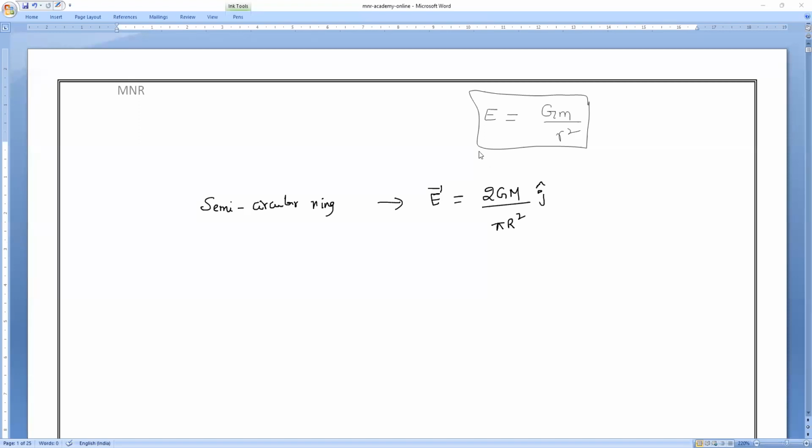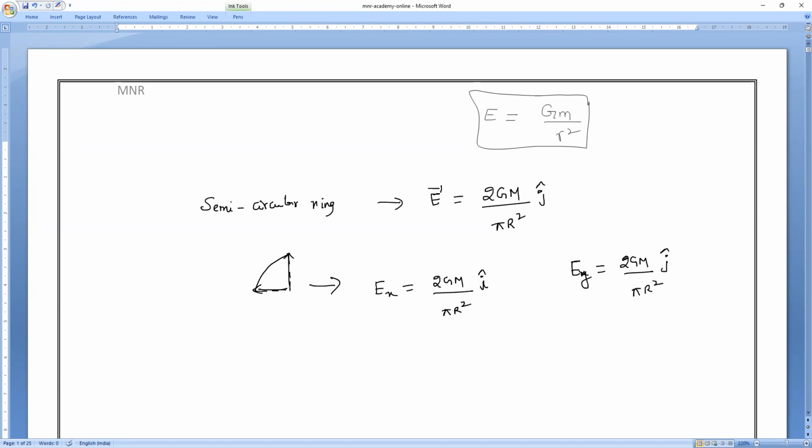After that we have taken one fourth of a semicircular ring, like one coordinate quadrant. For this also we got it in two axes, one in the x axis and another in the y axis. So Ex is equal to 2GM divided by pi r square in I cap, and in the same way in the y axis, we got 2GM divided by pi r square in J cap.